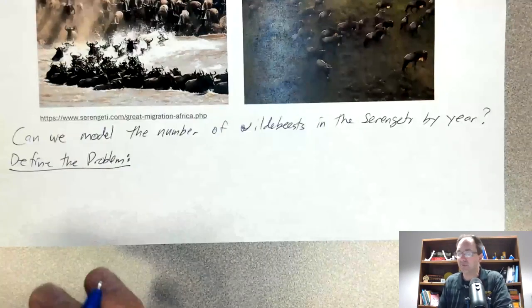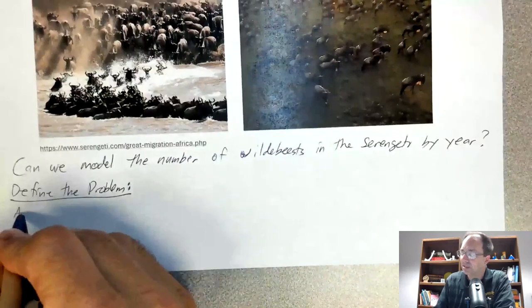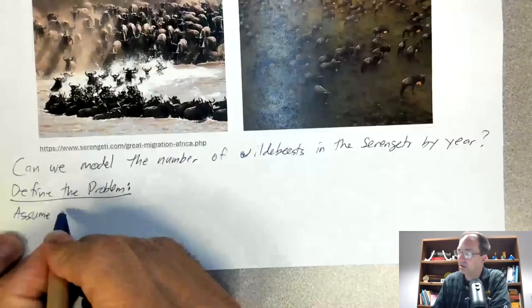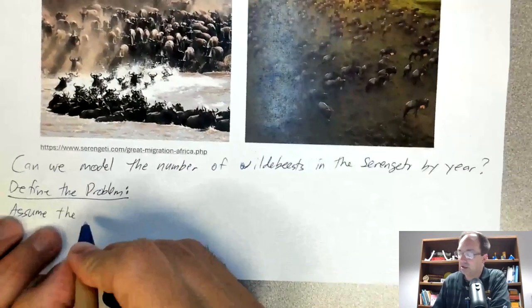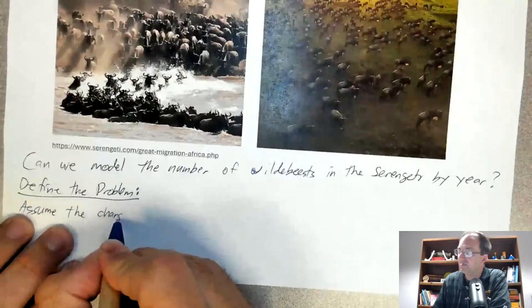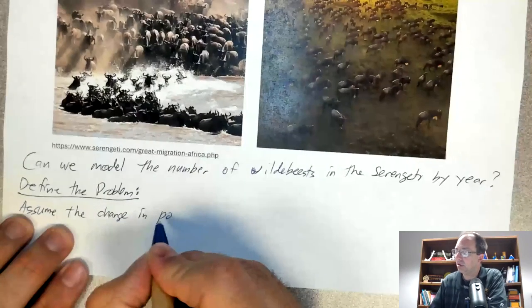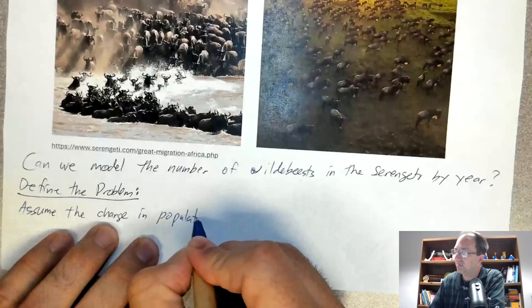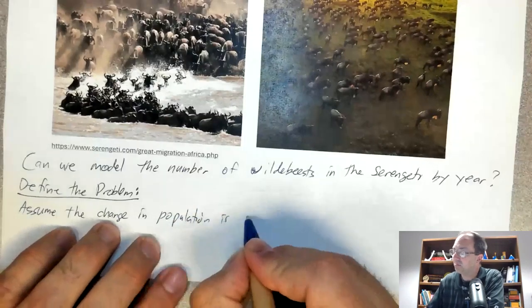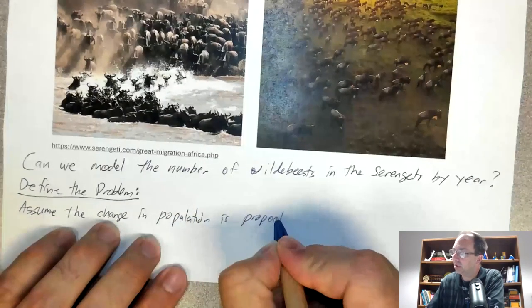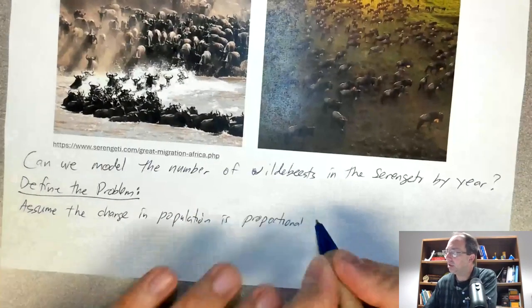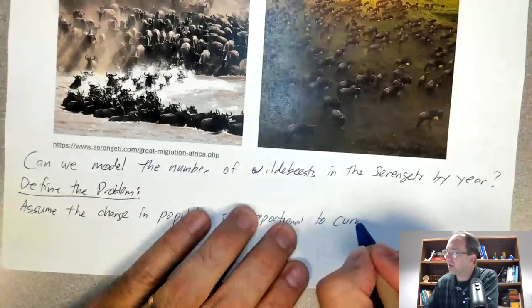So let's use that as our main assumption: we're going to assume that the change in population of the wildebeest is proportional to the current population.